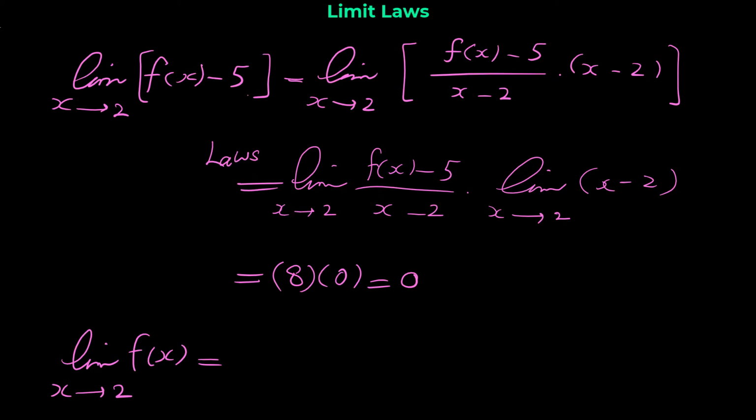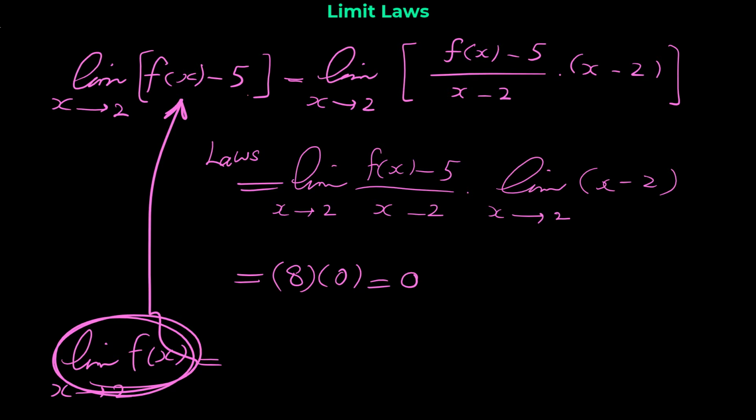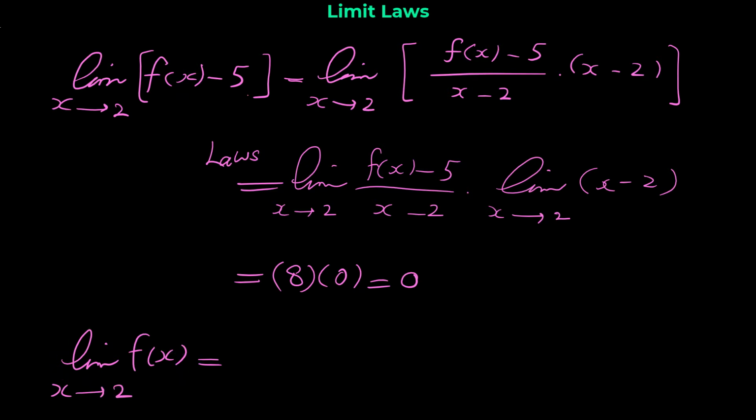You cannot do that. We don't have such a rule for limits. This is not an equation. Here we have this limit notation. You cannot do it that way. So now I am going to try to write this limit in terms of this limit. Let me show you how.